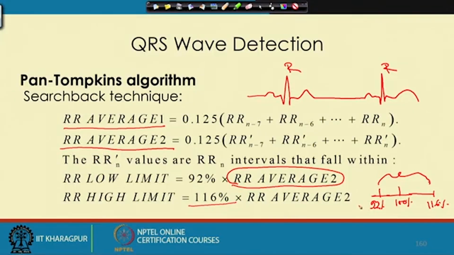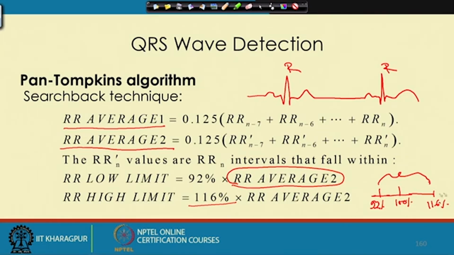So, if it is below that, then we get that new peak as a noisy peak, and that helps us to change that running estimate of the noise peak. And if it is within this interval, then it is a signal peak, then that helps us to find out from the signal peak that we can get that RR average 2, as well as we can update the estimate of the signal peak.